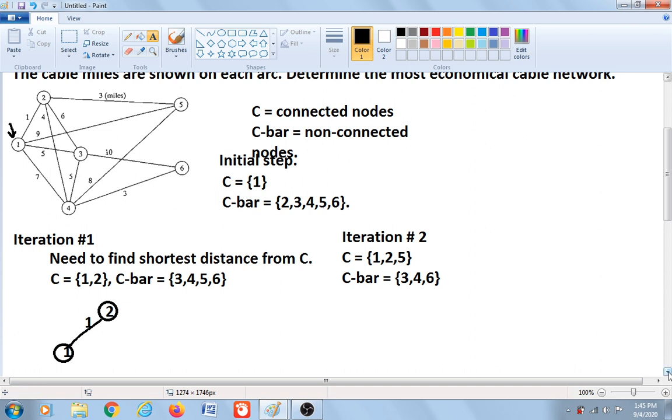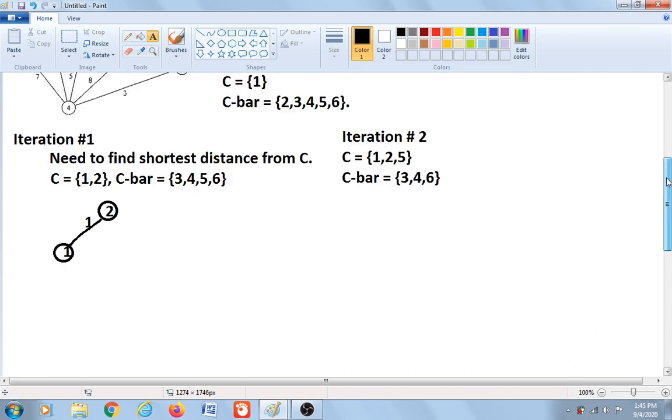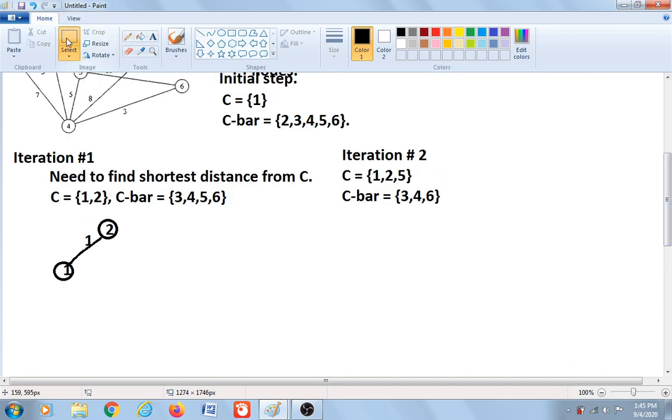What is my updated network? I need to connect 1 and 2, and I need to connect 2 and 5. So this is set, and this is 5, and I connect it, and the distance is 3.